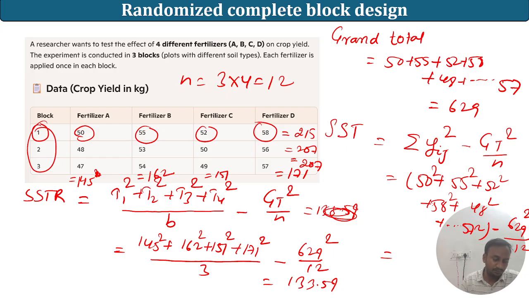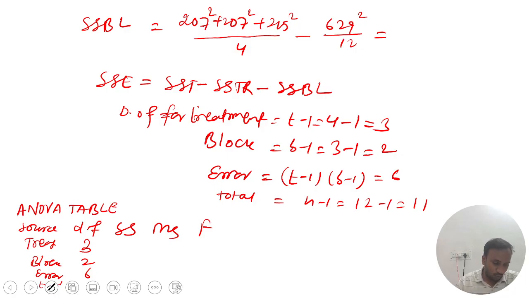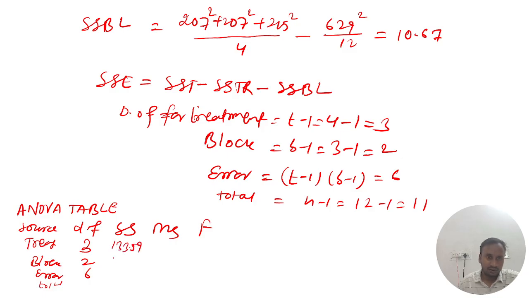And SST is 146.92. So how much will become MS and all? 133.59 divided by 3 will become 44.53. 10.67 divided by 2 becomes 5.34. And 2.66 divided by 6 becomes 0.44.